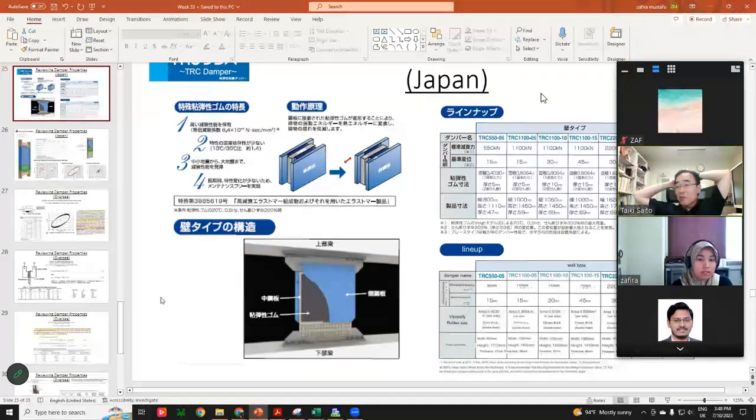You mean the damper used in the paper? Yes, Crystal Plus. Or do you want the Japanese catalog? I was thinking to do some experiments. So of course, if we do experiments, we must find a damper available in Japan. It's a high damping elastomer material.